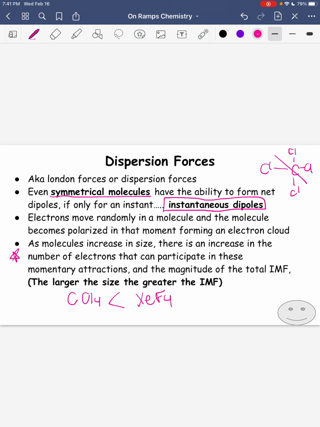But XeF4 is larger than CCl4, so it is going to have a larger dispersion force, a greater intermolecular force. That's what IMF means, intermolecular force. They have more electrons that can participate in the force, making it a larger force.